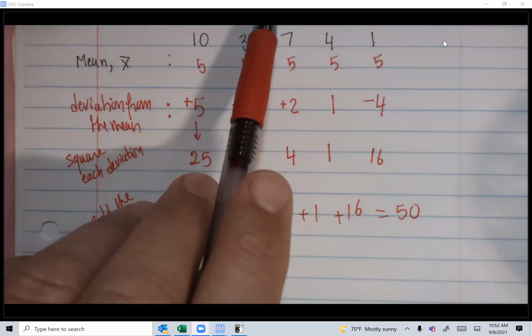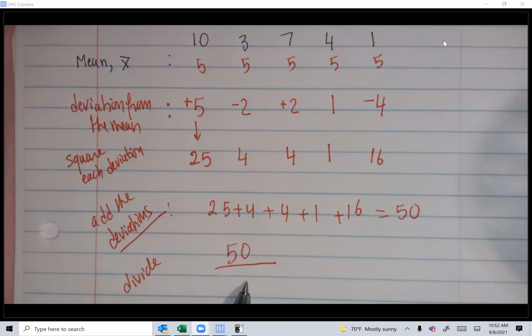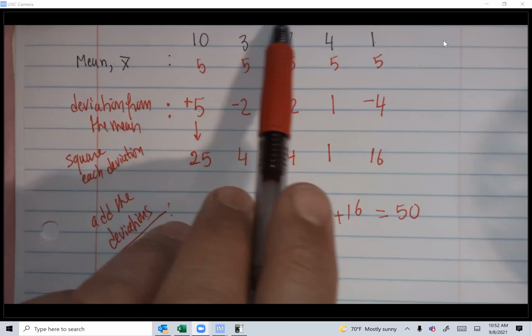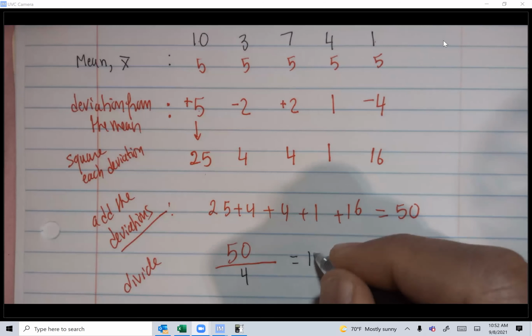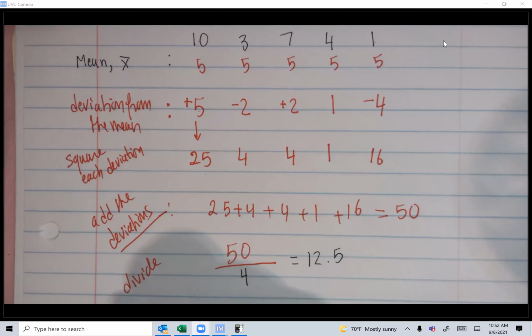When we work with the sample, we divide by the number of observations minus 1. When we work with the population, we divide just by the number of observations. So it's 50 divided by 4, which is 12.5. And here's what the standard deviation is, guys.